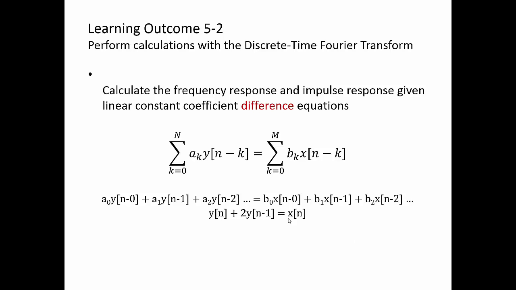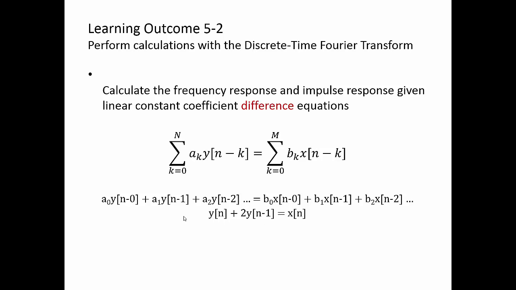Now we want to use these difference equations and find the frequency response and impulse response. Well, what was the frequency response? Oh yeah, h of j omega. But here it's going to be h of e to the j omega. But we do the same thing. In Chapter 4, you had a differential equation, and we took the transform of each term.